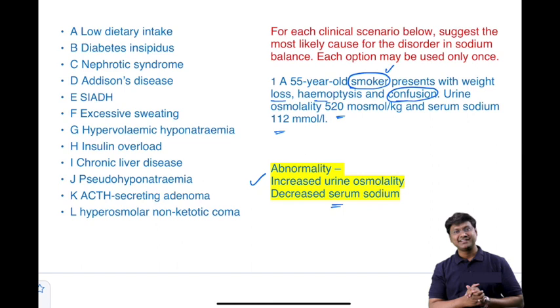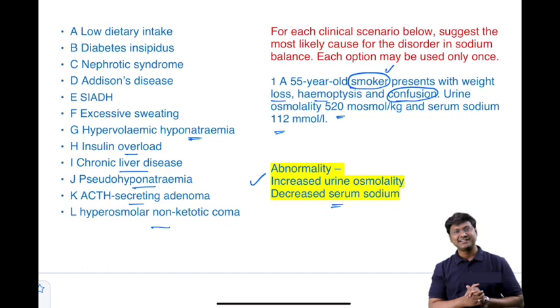The options given are low dietary intake, diabetes insipidus, nephrotic syndrome, Addison's, SIADH, excessive sweating, hypervolemic hyponatremia, insulin overload, chronic liver disease, pseudohyponatremia, ACTH secreting adenoma, hyperosmolar non-ketotic coma.